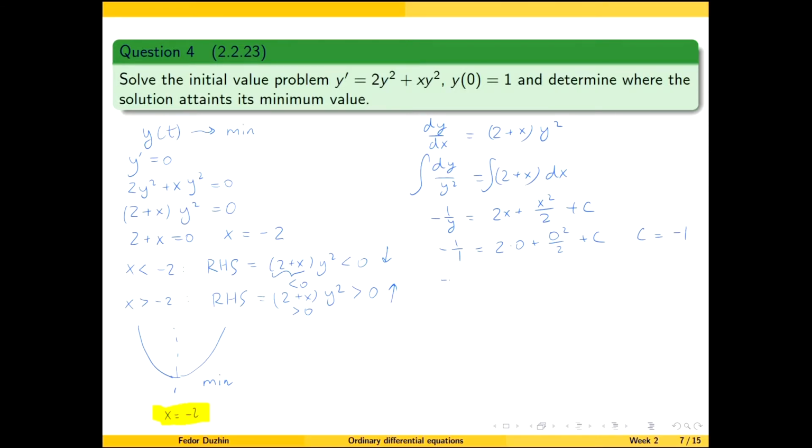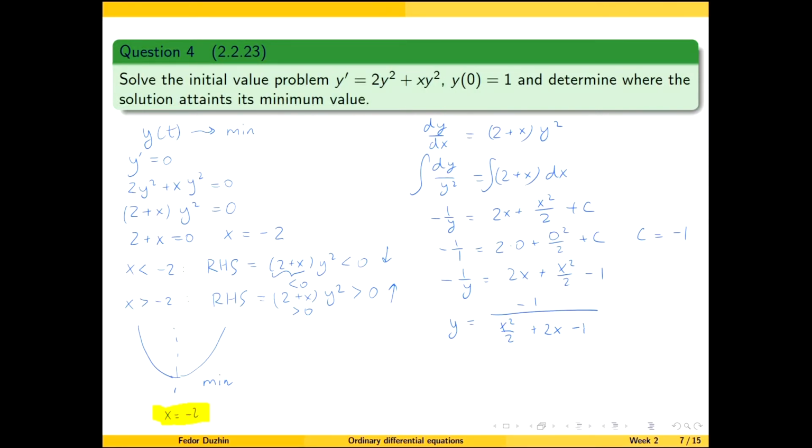Now let us substitute it into the equation: minus 1 over y equals 2x plus x squared over 2 minus 1. So then y is going to be minus 1 divided by all this stuff, x squared over 2 plus 2x minus 1.